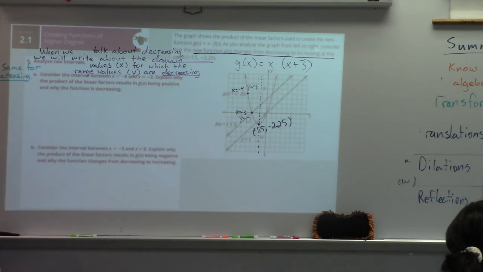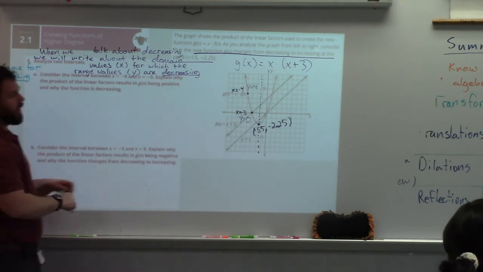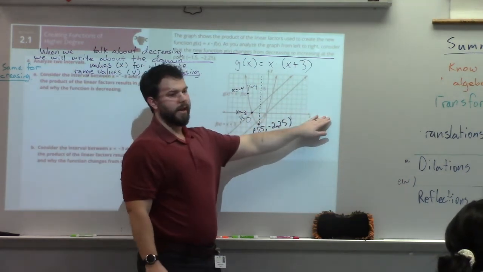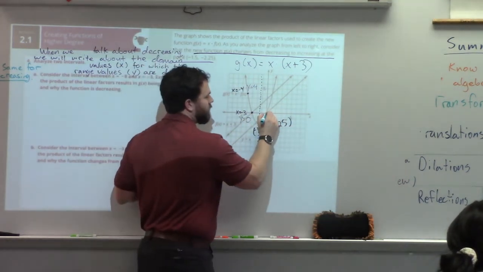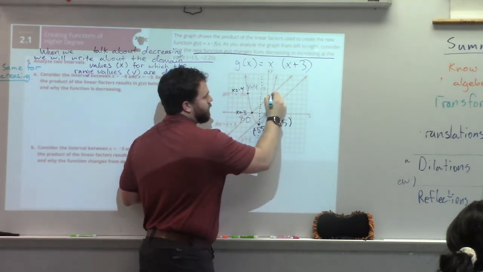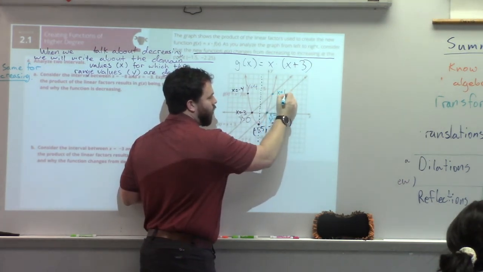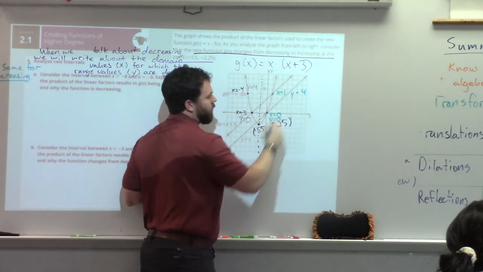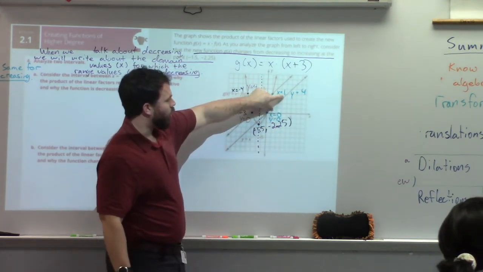If we're reading from left to right, the x values are always what? Increasing. Look right here. That x value is 0, the y value is 0. But look right here. That x value is 1, the y value is 4. The x values are always going to increase.